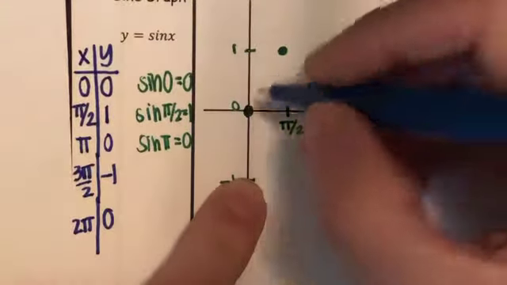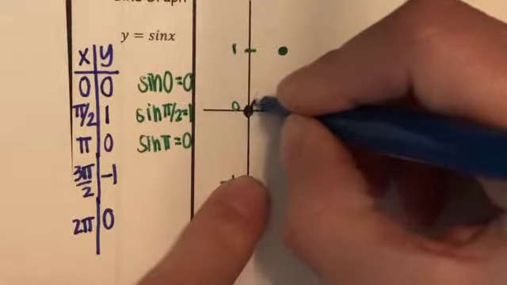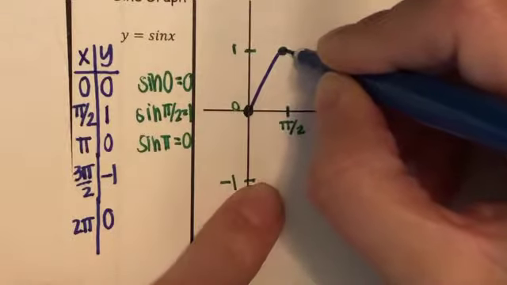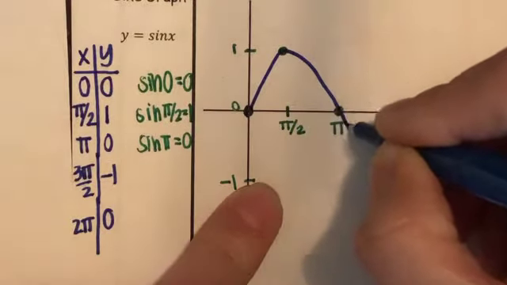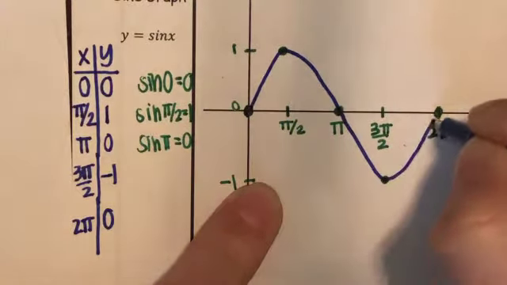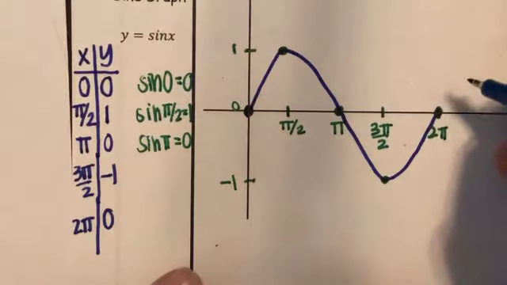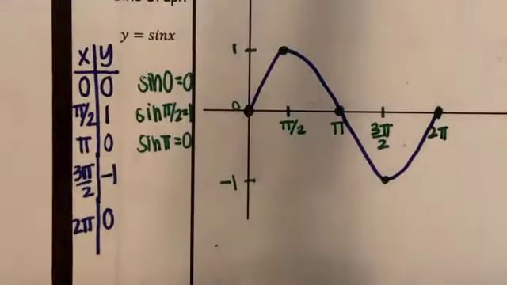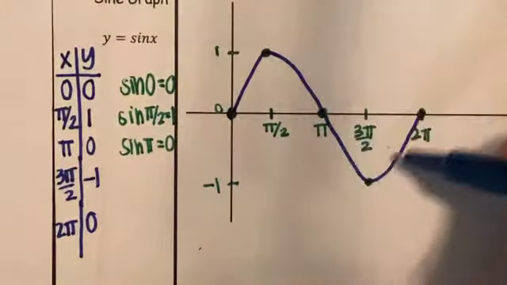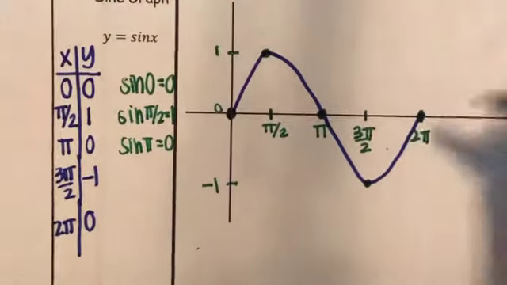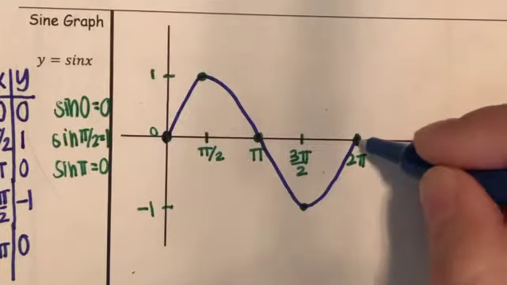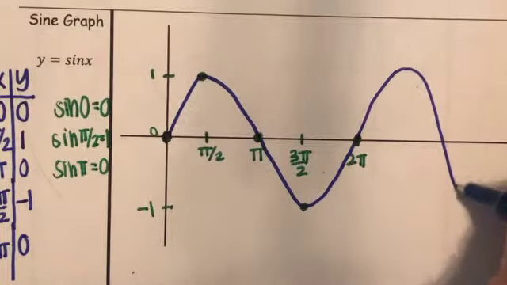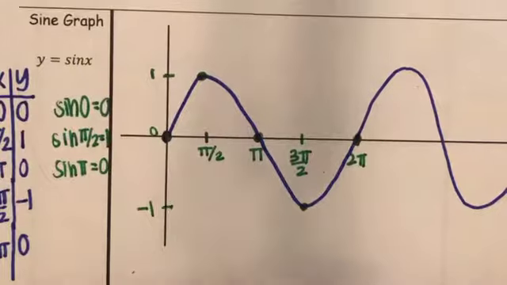So it's going to cross through 0, 0 every time for the parent function of sine. And it's going to go through and go to here. So we have to know that sine and cosine graphs are periodic, meaning they're going to bounce back and forth and go on infinitely. So if I wanted to continue drawing this graph, it would just keep going on and on like this.